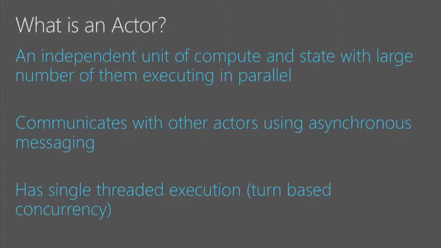In a nutshell, think of it as a processor with a single thread. There is no multi-core, no multi-threading. It has its own memory, which is where it keeps its state, and it has the code that executes some logic.